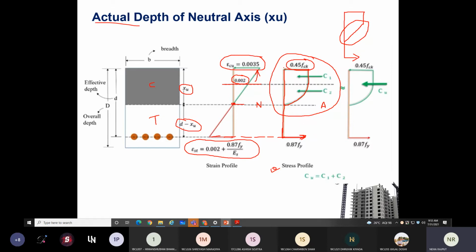Now as this is your compression zone, and this is your tension zone, what is the maximum stress in tension? Maximum stress in tension क्या होगा? कितना अलाउ करते हैं हम स्ट्रेस टेंशन में?